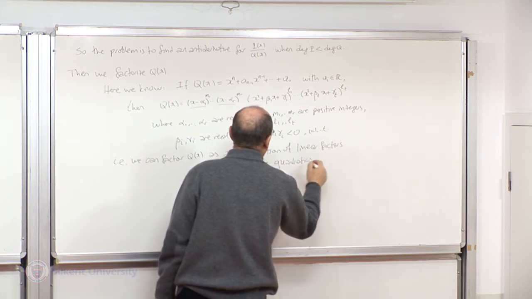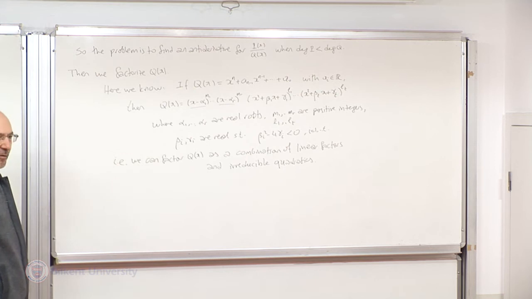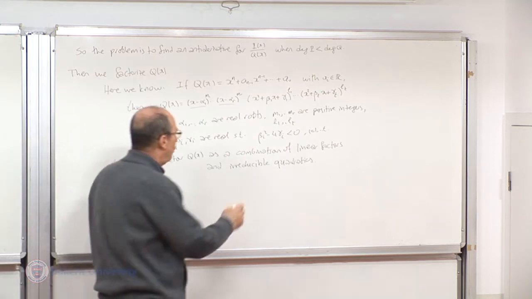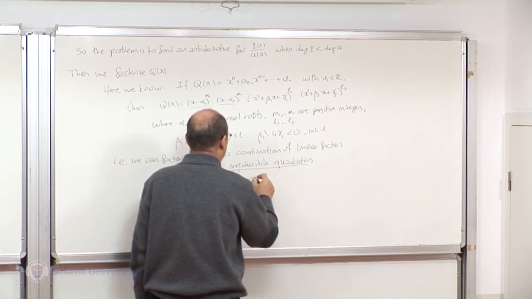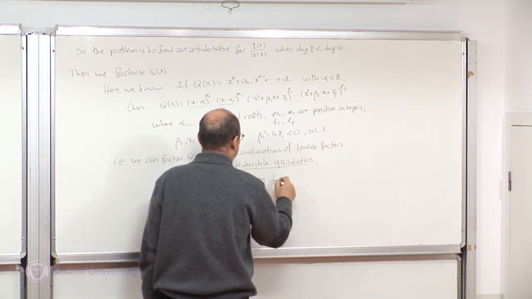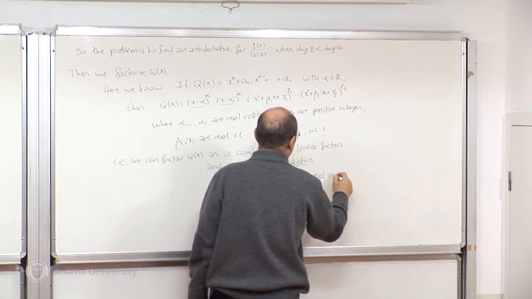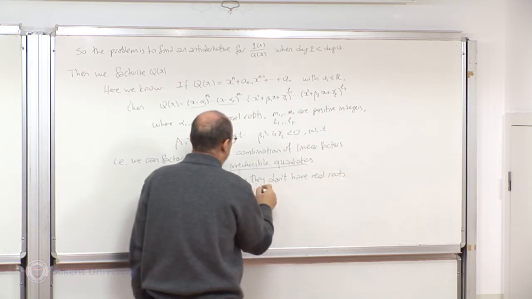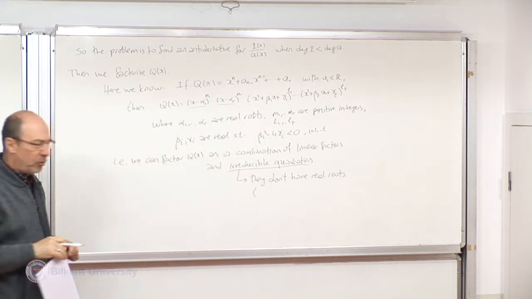These are quadratic equations that don't have real roots. Irreducible here translates in everyday language to: they don't have real roots. Since the coefficients are real, they have complex conjugate roots.